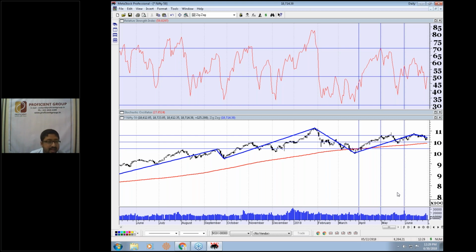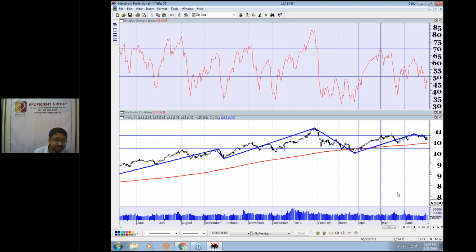Now, having said that, I will also like to draw your attention to one of the very important momentum oscillators, which is the RSI, Relative Strength Index. Maybe I had introduced this index to you earlier, but let me give you a brief introduction and how it can help us in gauging the primary direction of the trend.